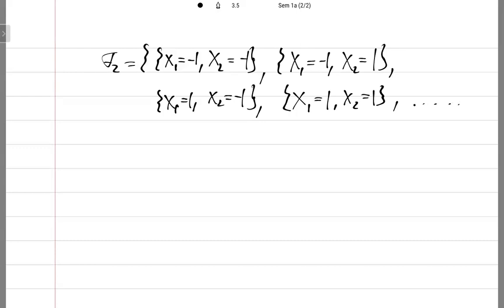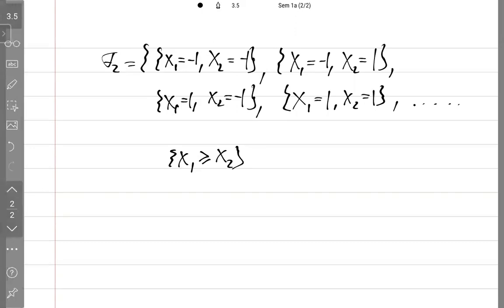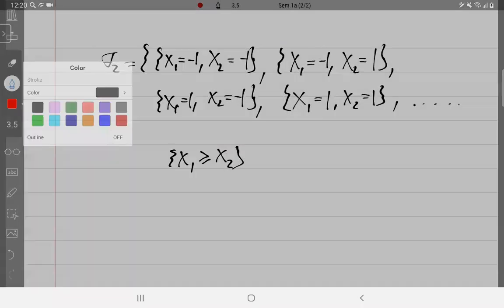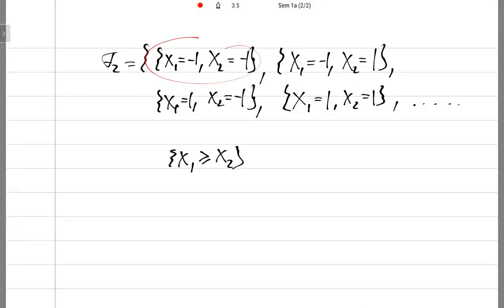And how many events in total? Because you have something like x1 is greater or equal than x2. It's a combination of primitive events. You have this one is here, that one is here, and that one is here.